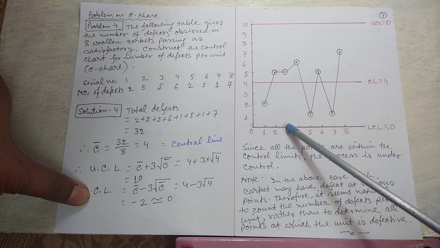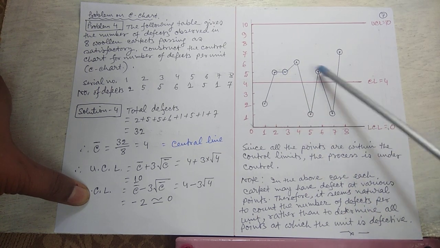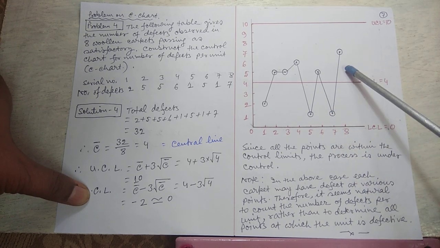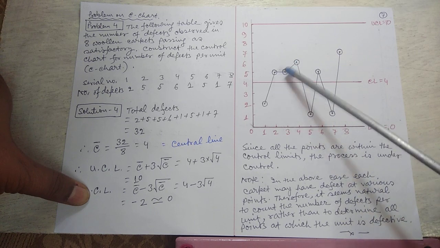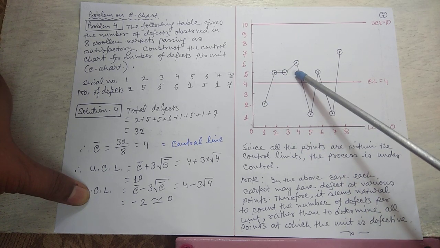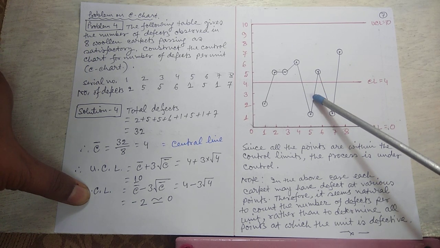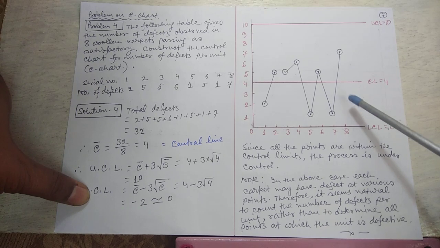For carpet number 3, the point will be also 5 here. In this way, we have plotted the points for the carpets and join the points by straight line. Then we will get the control chart for number of defects per unit, that is C chart.